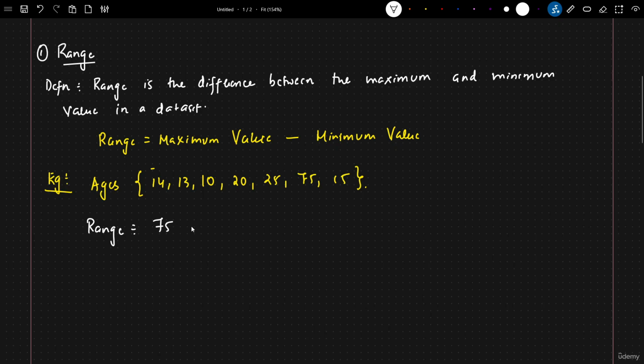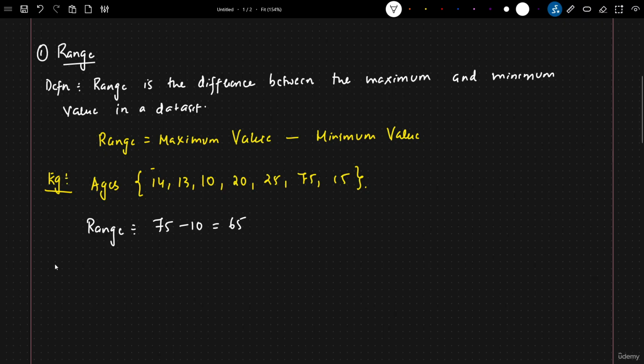Here the maximum value is 75 minus 10, which is 65. So in short, my data has a spread with a difference of 65. It starts from 10 and ends at 75.